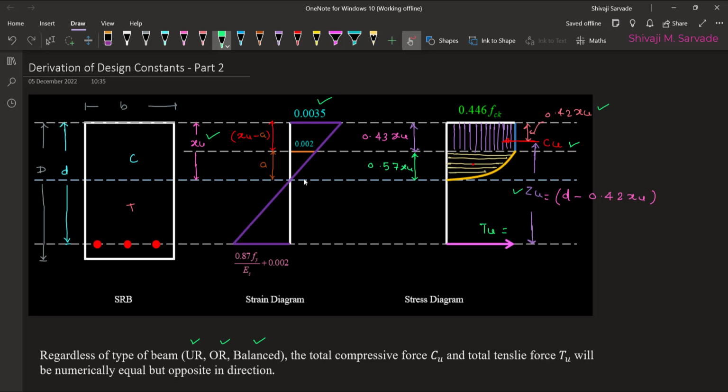If you see, there are two triangles that we can form. We have this triangle, and we have another triangle, which is this triangle. If I apply properties of similarity of triangles on these two triangles, I am able to locate limiting values for xu, that is the depth of the neutral axis.